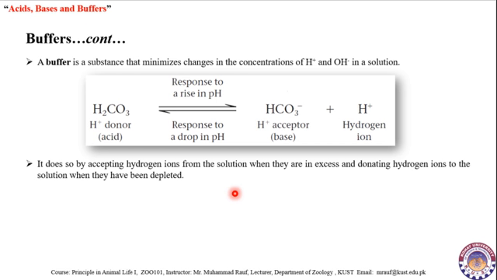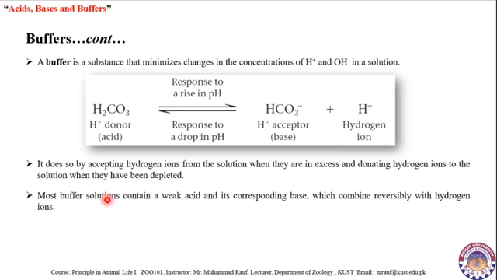This reaction will move in the backward direction, and the hydrogen ions which are in excess because of the addition of acid will associate with the bicarbonate ions, and carbonic acid will be formed. This equilibrium will shift in the backward direction upon the addition of an acid, or if the concentration of hydrogen ions increases.